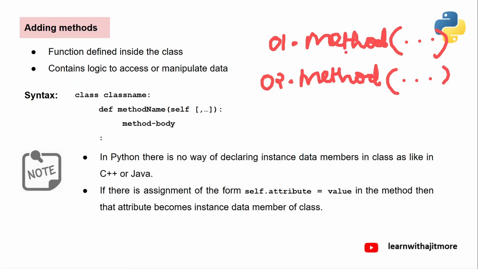And remember, when you call that method the first time in context of O1, that O1 is hidden passed, and that will come in self. So the first time, what is self going to contain? Reference of O1. The second time the same method is called, what will self contain? O2's reference. So in short, self will contain the reference of the object in the context of which that method is called.